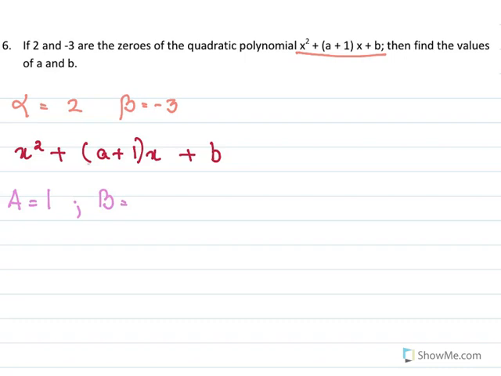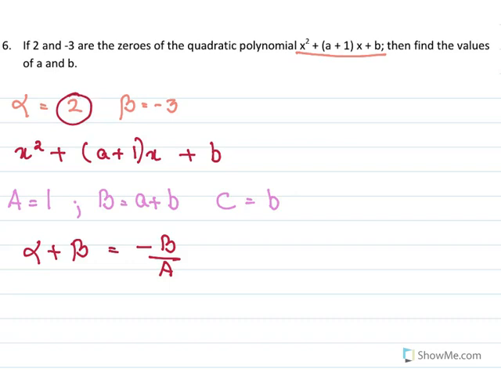Then B is the coefficient of x, and we see the coefficient of x is a plus 1. And our constant term C is b. Now we know our relationship, that is alpha plus beta equal to minus B by A. Here I am using capital A, B, C because the small a, b are already used up.